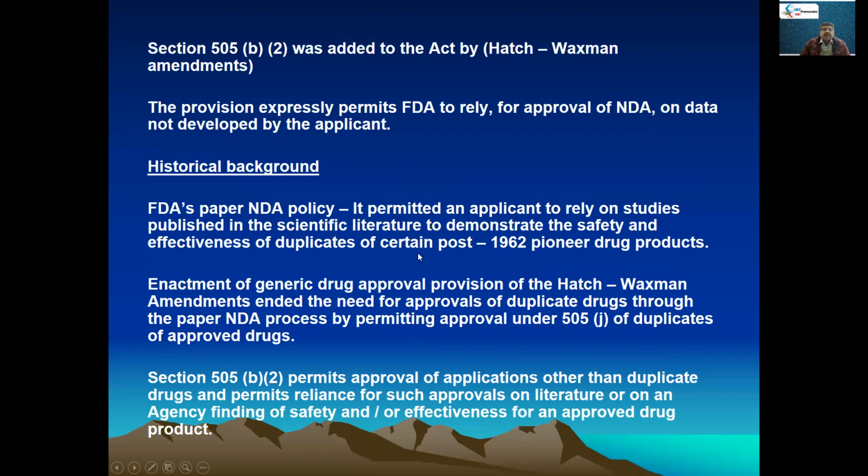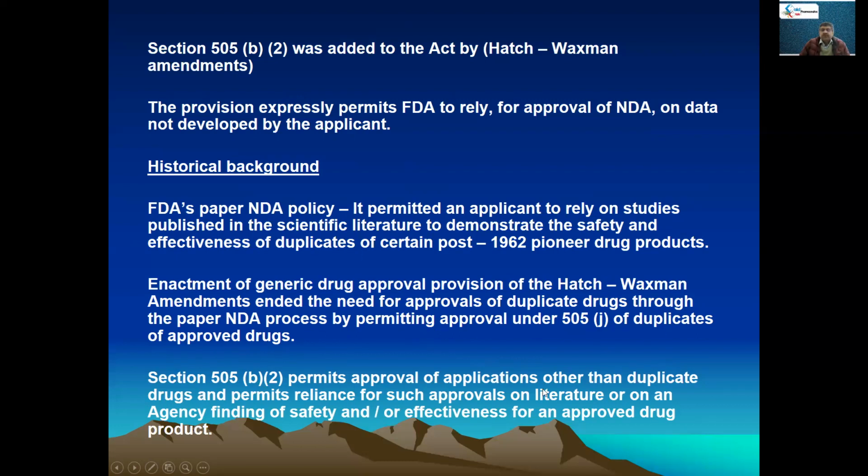This means that this paper NDA policy allowed approval of the new drug applications based on the published scientific literature. Enactment of the generic drug approval provision of the Hatch-Waxman amendments ended the need for approval of duplicate drugs through the paper NDA process by permitting approval under 505(j) of the duplicates of the approved drugs.